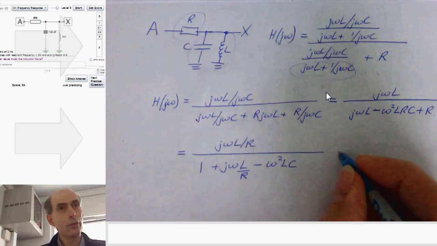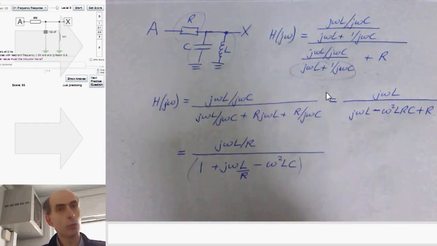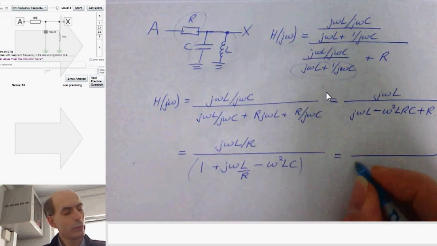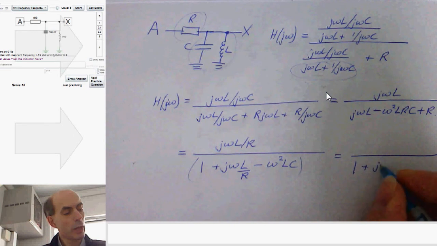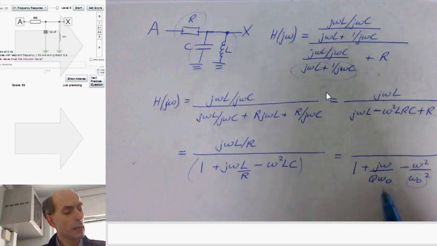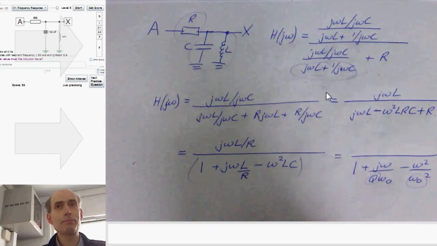And compare that to the standard form of the second order response, which is that the denominator is given by 1 plus j omega over Q omega naught minus omega squared over omega naught squared, where omega naught is the resonant frequency and Q is the Q factor.